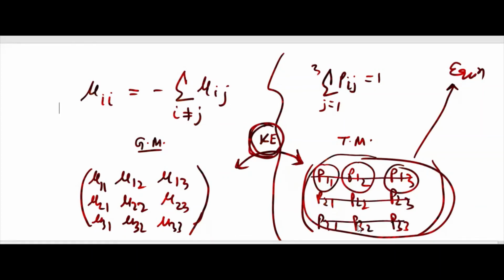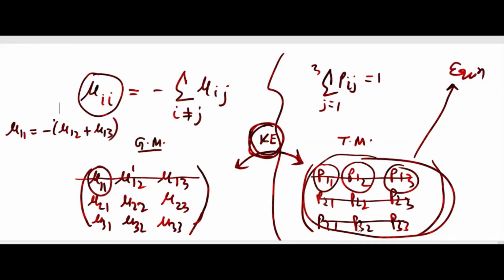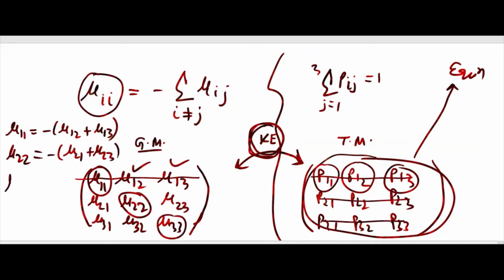Now in this chapter, we'll use this plus this is 0, because what it says, mu11 is equal to minus of mu12 plus mu13. That means this one is minus of this plus this. What is mu22? This element, that is minus of mu21 plus mu23. This plus this. How about mu33?